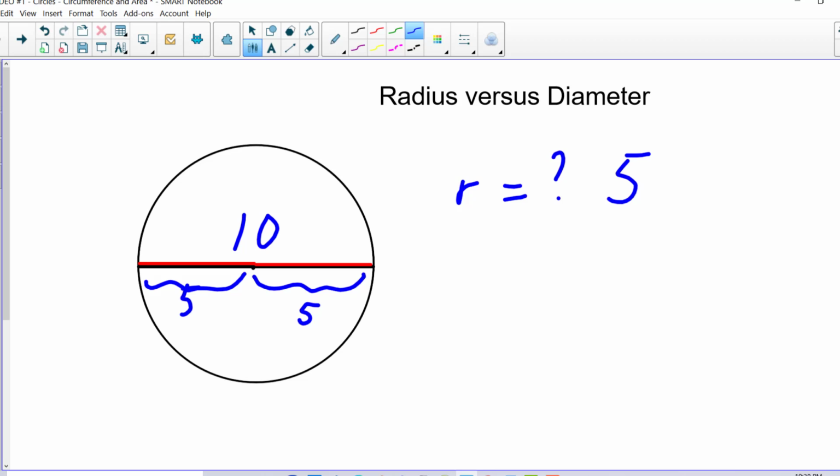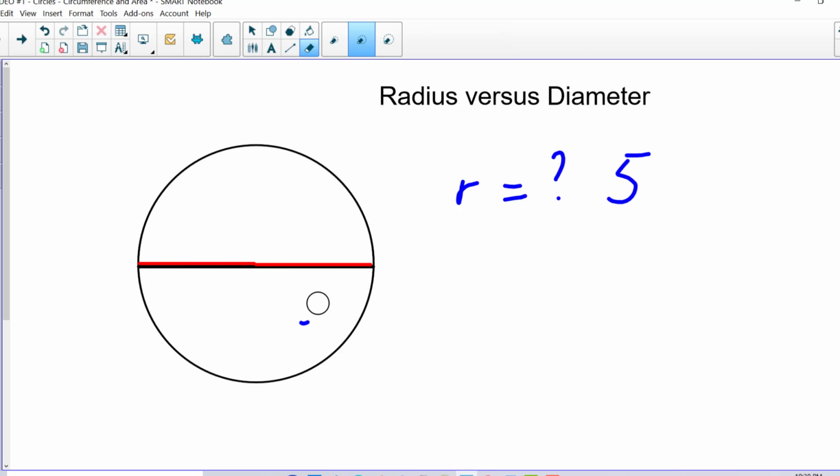Well, what if we were given the radius instead? So let's say the distance from the center to the edge, this one here, the red one, is 3.